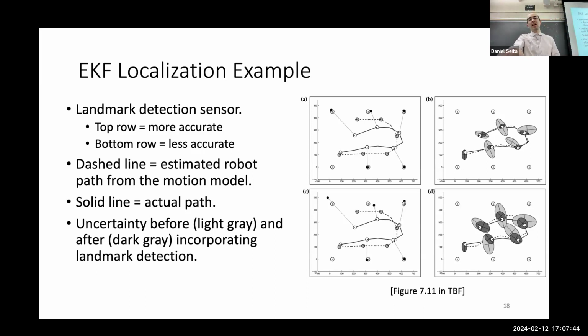The bigger takeaway here is to be comfortable with reading what these plots mean. If we show what is going on when the uncertainty goes from the lightly shaded region to the dark shaded region, you should be able to say things like, oh, it happened because of a measurement.